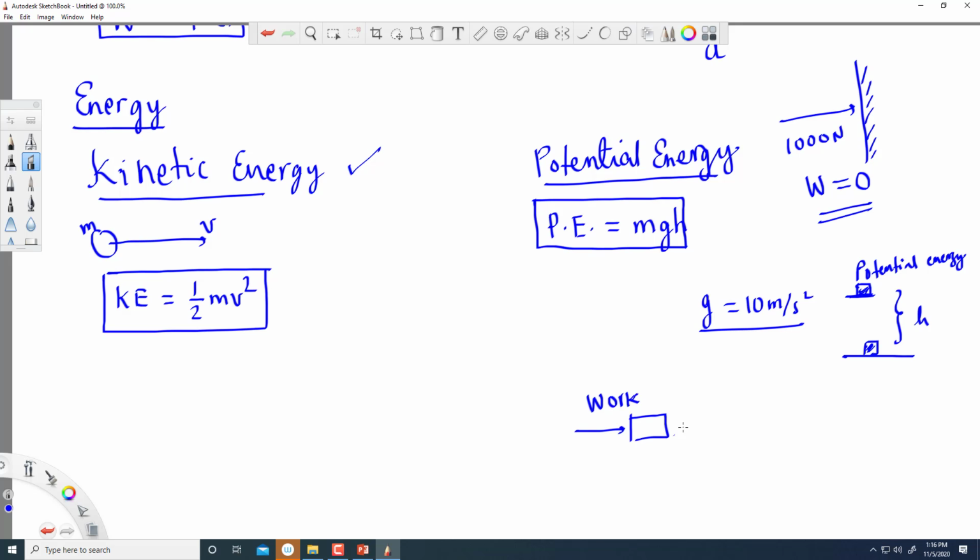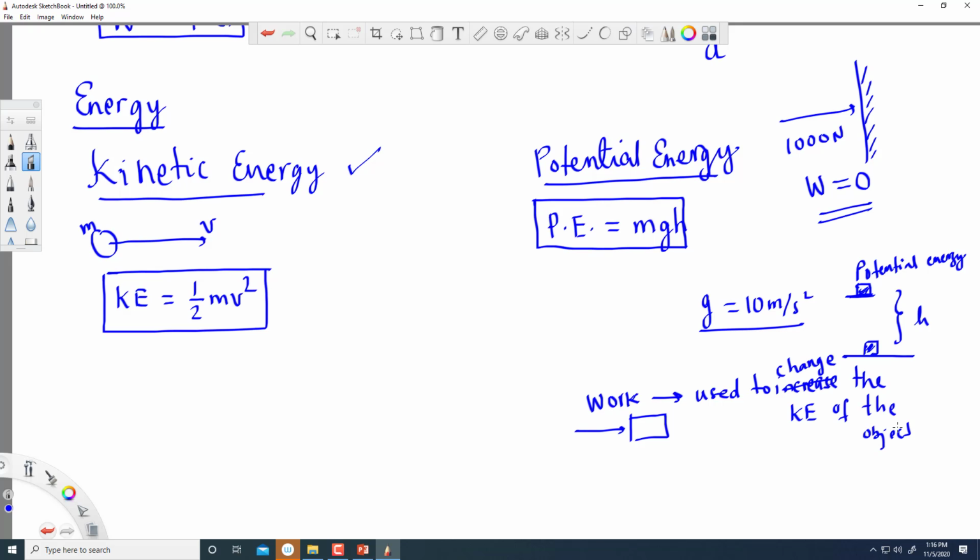So this is used to change the kinetic energy of the object. It could either increase or decrease. For example, if the object is moving with some kinetic energy or speed, if I do work, I can stop it.